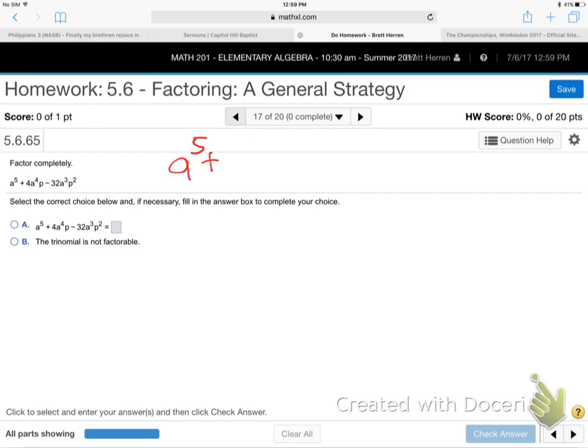So a to the 5th plus 4a to the 4th p minus 32 a to the 3rd p squared. Okay, what's the first step in every factoring problem? GCF. Take out the GCF.